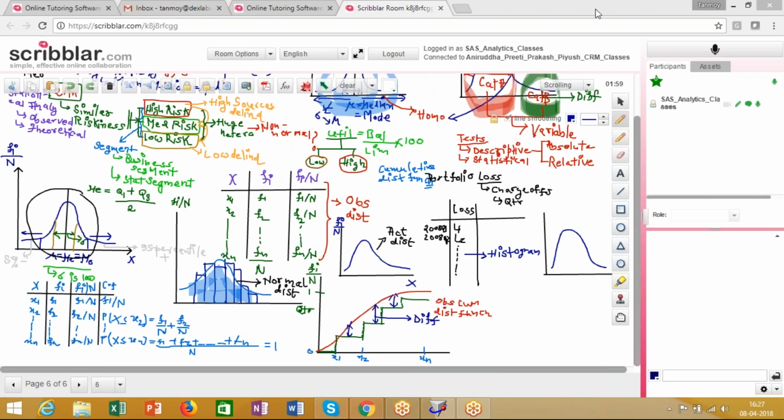So the first thing over here is the observed distribution function, and then you have the CDF of the reference distribution.